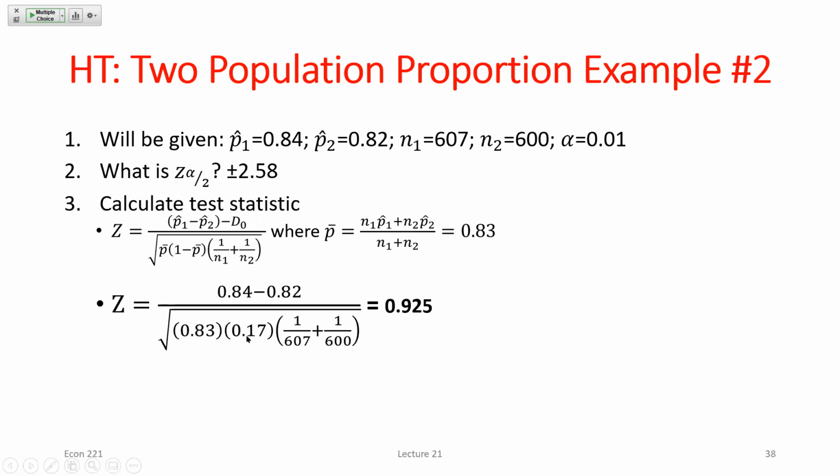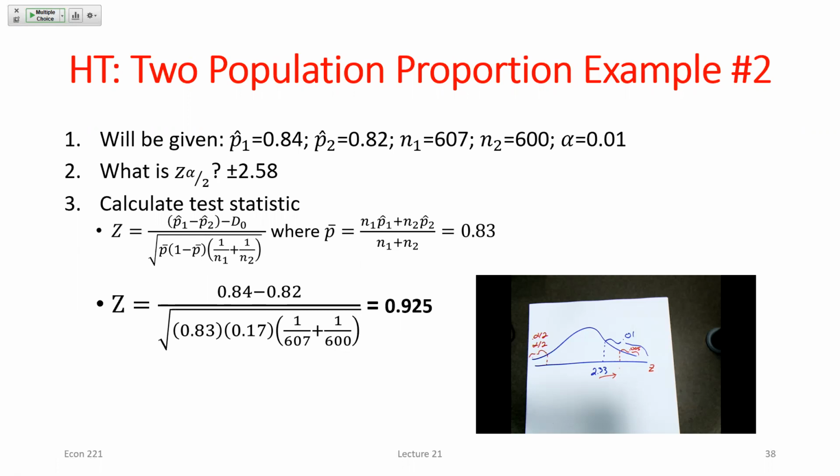Plug in P bar, 1 minus P bar, or 1 minus 0.83, my sample sizes, my sample proportions that assume true difference. I'm always using 0 here for these two population examples. So I should get a test statistic of about 0.925, which if I think about where that's at relative to my critical value, actually, I think I had two critical values here, right?